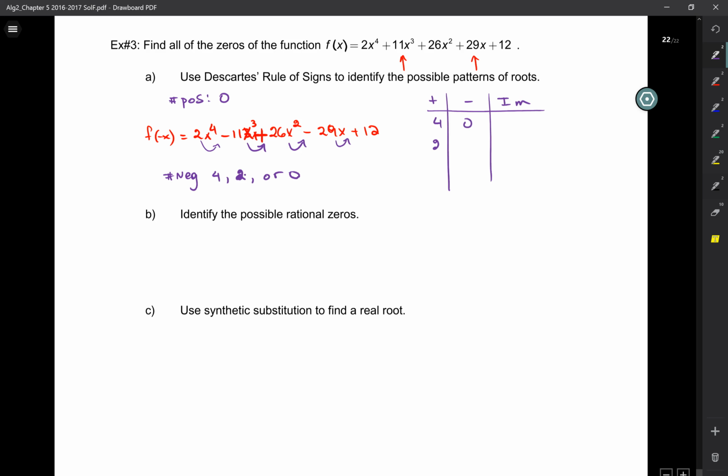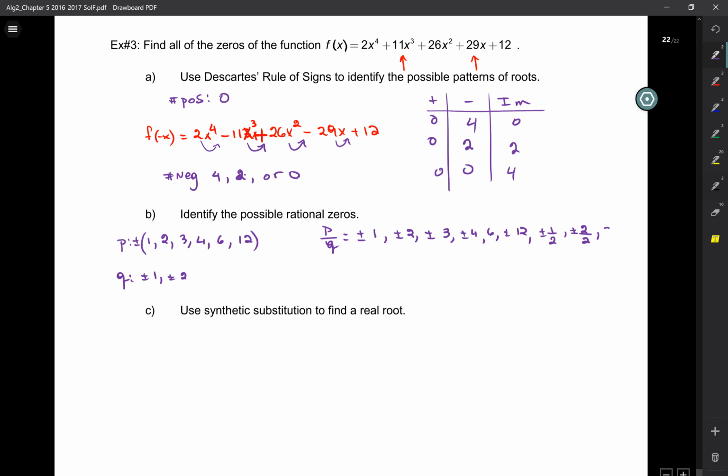So now, p over q will be plus or minus 1, 2, 3, 4, 6, and 12. And also, plus or minus 1 over 2. Let me write all this out and then I'll simplify. 2 over 2, 3 over 2, 4 over 2, 6 over 2, 12 over 2.